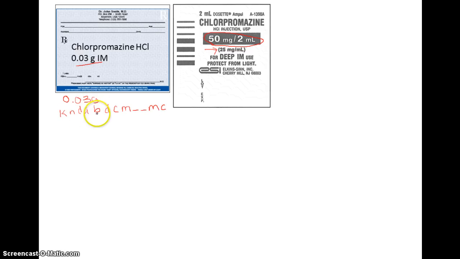And this is grams, which is a base unit. It has no prefix, and I want to move to milligrams, so I move my decimal 3 places. And so this ends up equaling 30 milligrams. It is very important, no matter which method I use, that the labels between the doctor's order and what is available match, and that's why I switched to milligrams.